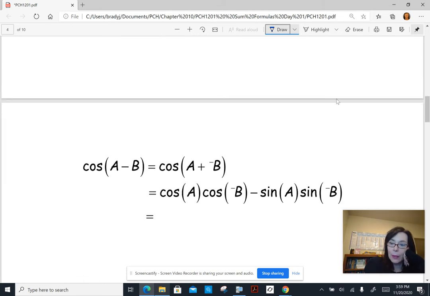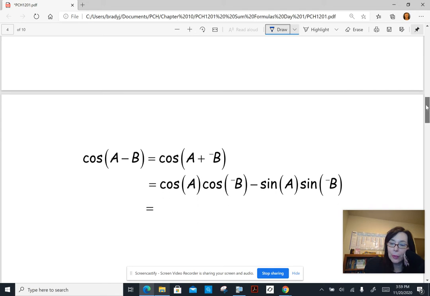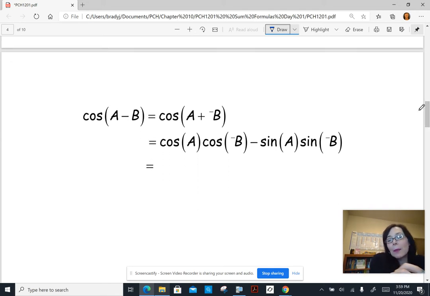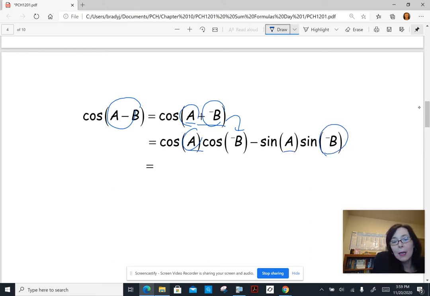Okay, so the big idea is something I had you preview in that preview assignment. What mathematicians do all the time is, instead of subtracting, we can think of it as adding the opposite. So if we use our new formula, it's the cosine of A, and then the cosine of the opposite of B, and then you keep these same angles, but you do them with the sines. And then we use that big idea we've used since we talked about rotations.